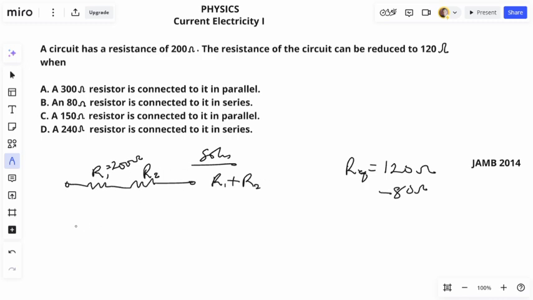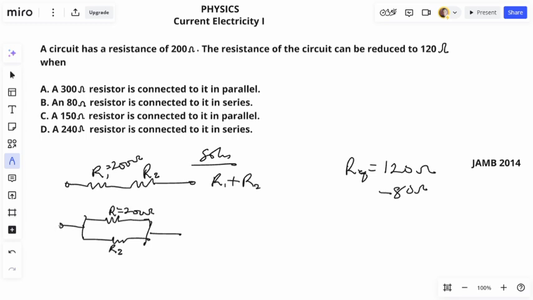It won't be reduced. However, in parallel connection, you have resistor 1 and resistor 2. Parallel connection. Now the first one here is 200 ohms. Here R2, we don't know what it will be.